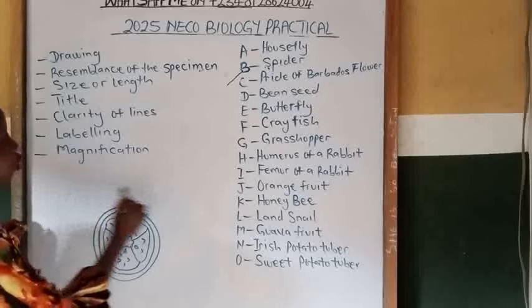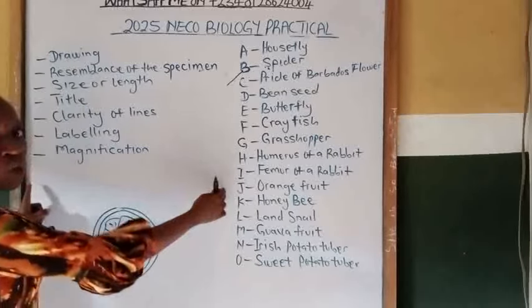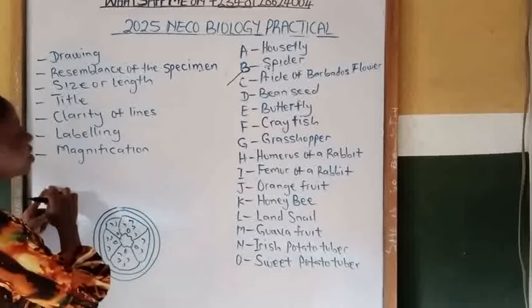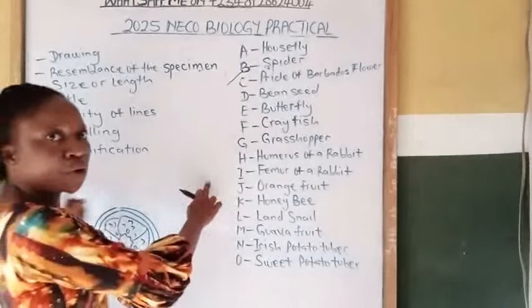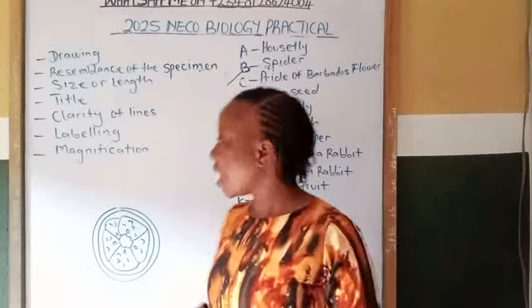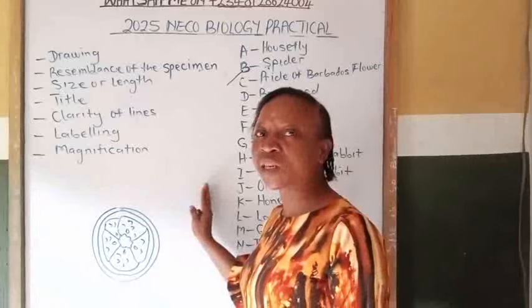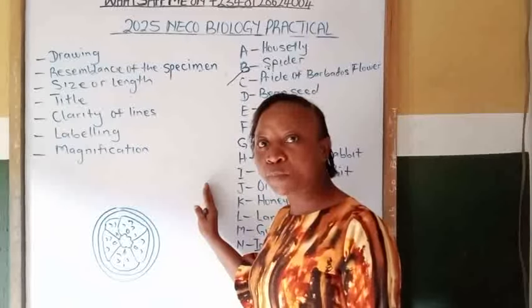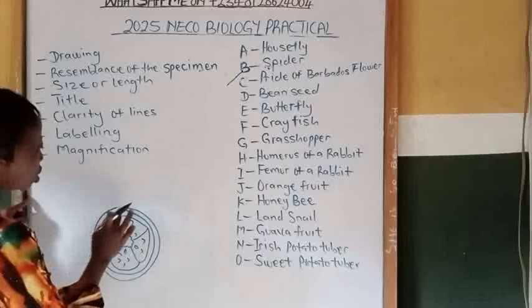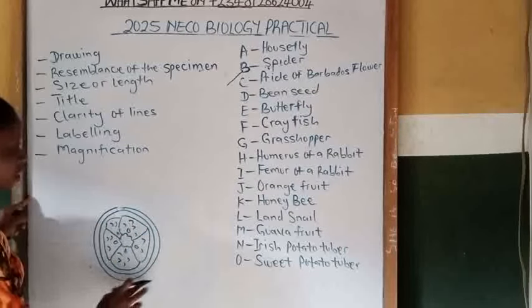So to write the title of this diagram, your title must be written on the top of the diagram. If you write your title in small letter, you must underline it. And the first letter of your specimen must start with capital letter. So let's take for example, you want to write the title of this specimen.